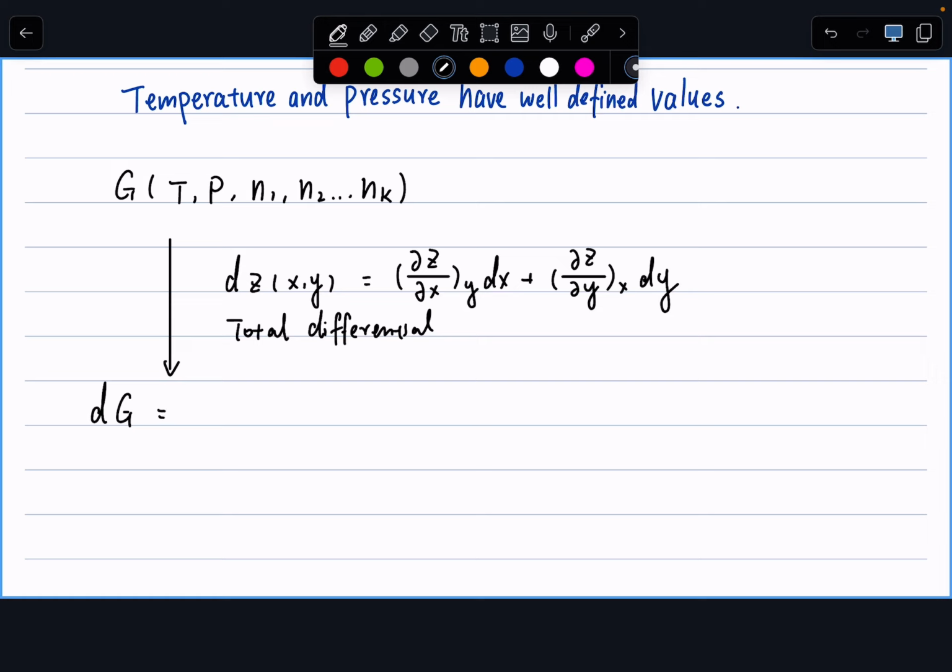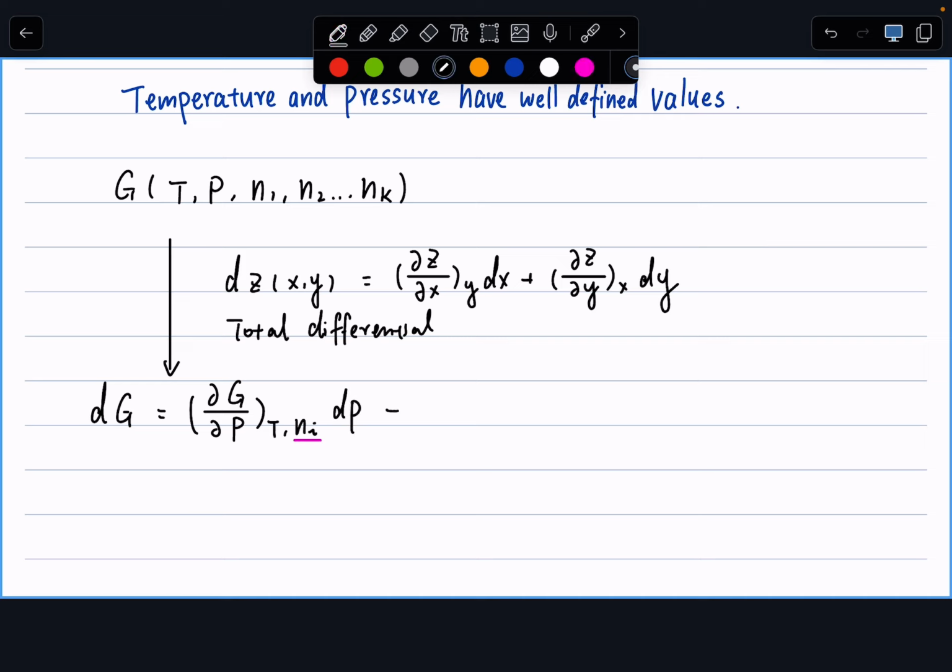That equals the partial derivative of Gibbs free energy over pressure at constant T and Ni. This Ni just tells you that the number of moles of all my substances are kept constant, 1, 2, 3, 4, all the way to K. So i is basically a list of numbers ranging from 1 to K.